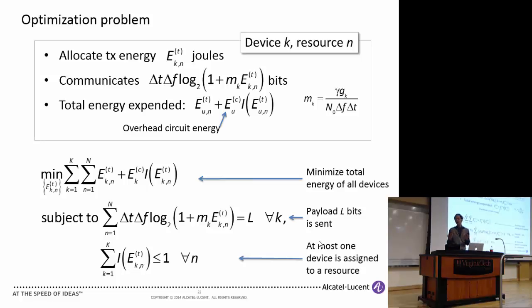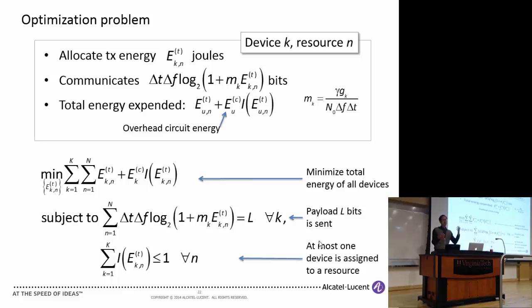So this is just some overhead energy that is some sort of practical modeling of overhead energy in the transmission. So in practice, you can think of this as something like the circuit energy that would go into the baseband processing in order to communicate this data.